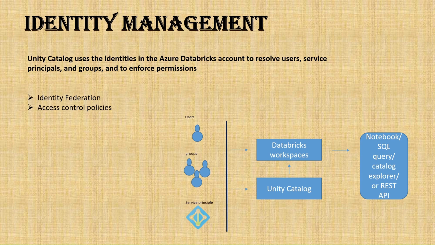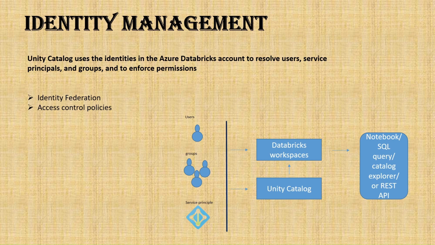Users are represented by email IDs, right? So if you want to give access to any user, we just have to add the email ID there. Whereas a service principal is the app ID created in Azure Active Directory when you register the application.